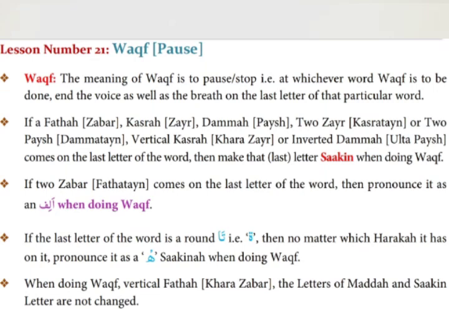Next rule. If a zabar, zir, pesh, tu zir or tu pesh, khada zir or ulta pesh comes on the last letter of the word, then make that last letter sakin when doing waqf. That means when you have to do waqf, you will make the last letter sakin if the last letter has these things on it.